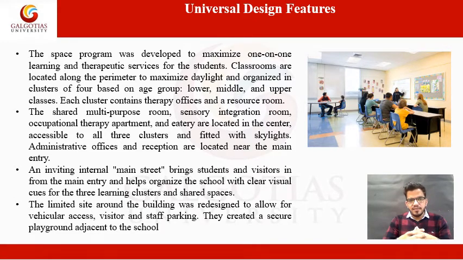Each cluster contains a therapy office and a resource room as well. So it was based on the system of one-on-one learning, and the classrooms are located on the perimeter of the building so that they have the maximum amount of daylighting.